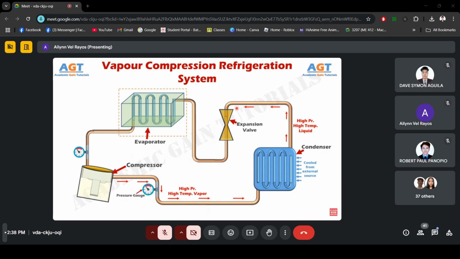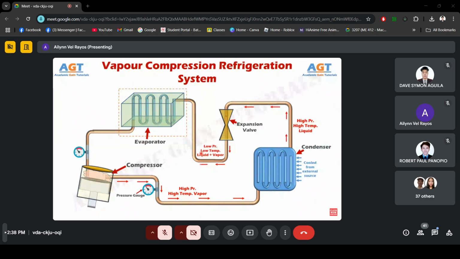Now, this high pressure liquid refrigerant coming from the condenser will be expanded inside the expansion valve. We know that when expansion occurs, the pressure between the molecules decreases considerably, thus the temperature falls. So, this high-pressure liquid refrigerant will be expanded into low-pressure, low-temperature liquid refrigerant.